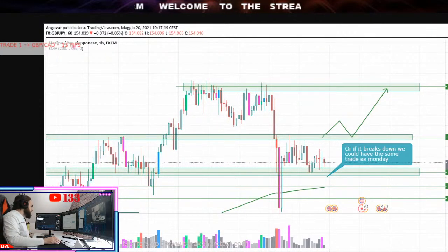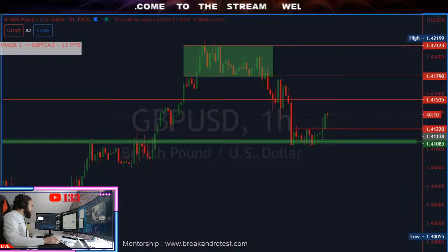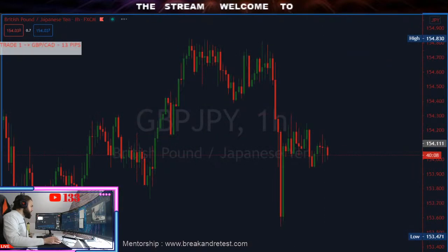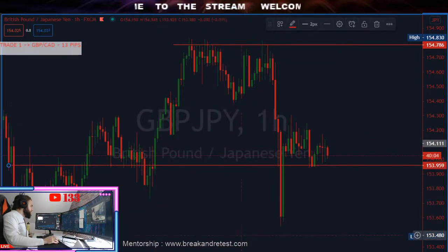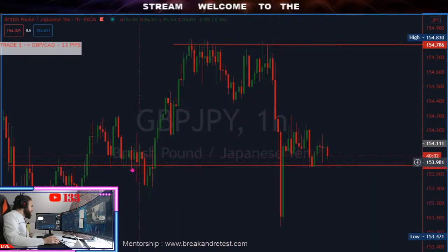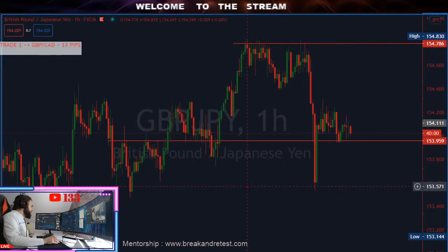Can you give a look at this? GJ, this is GJ. If it breaks down, we could have the same trade as Monday. Yeah, I mean, it could be good. GJ, if it closes below this. You're right. It's the same level that we took Monday.